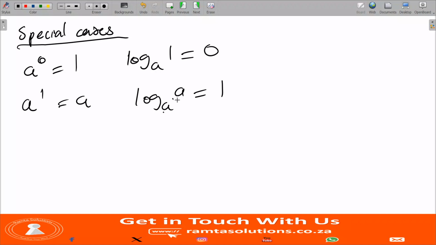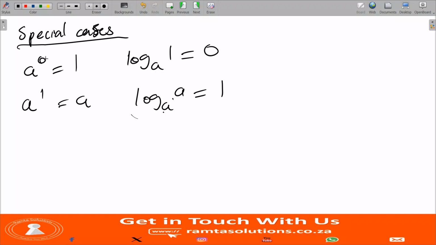When the base and the argument are the same, you get 1. When the argument is 1, you get 0. These are your special cases of logarithms. As you can see, this is the relationship from exponents. This is what you will be doing in your inverse functions, or on the inverses of your exponential graphs.